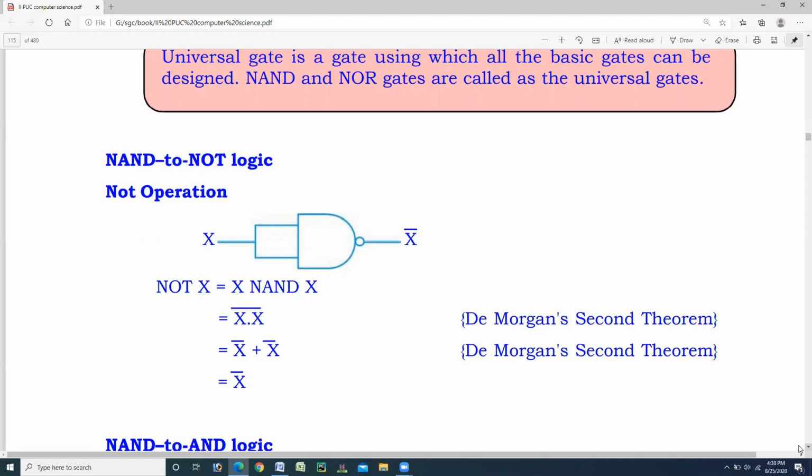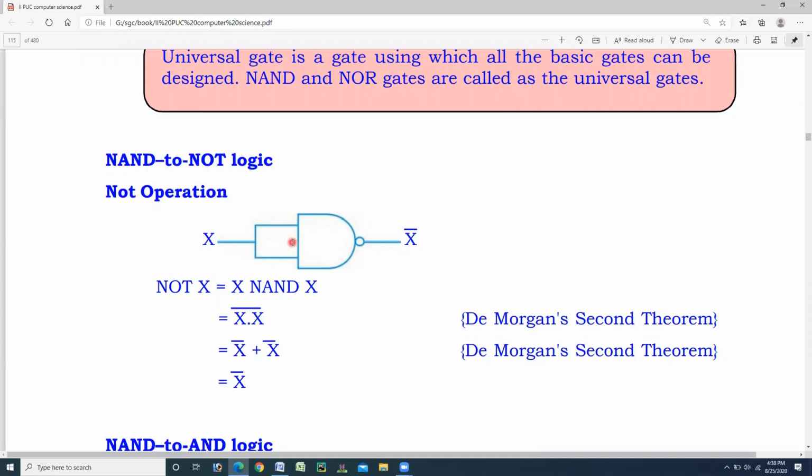You can see it here. Already we know the logic symbols of all the gates. So this is nothing but the NAND gate. This is the NAND gate logic symbol.